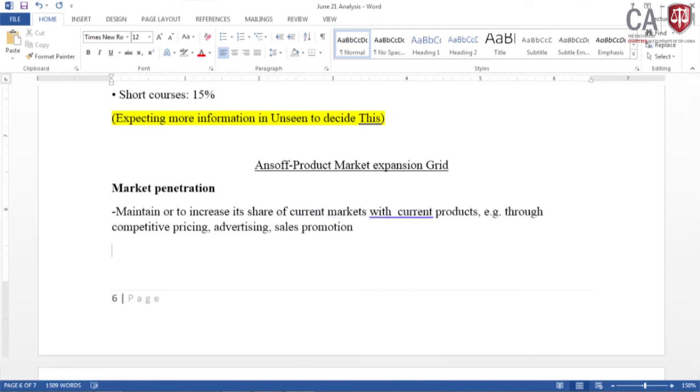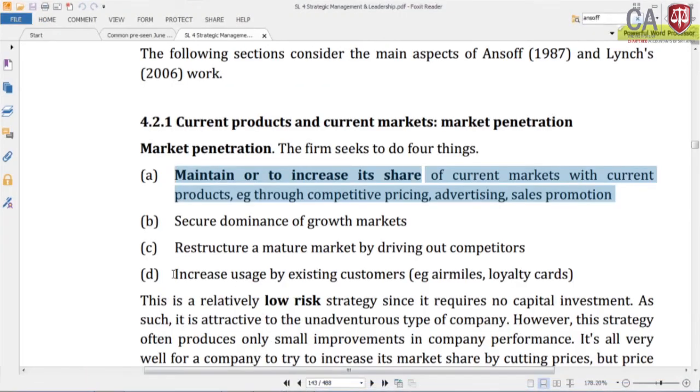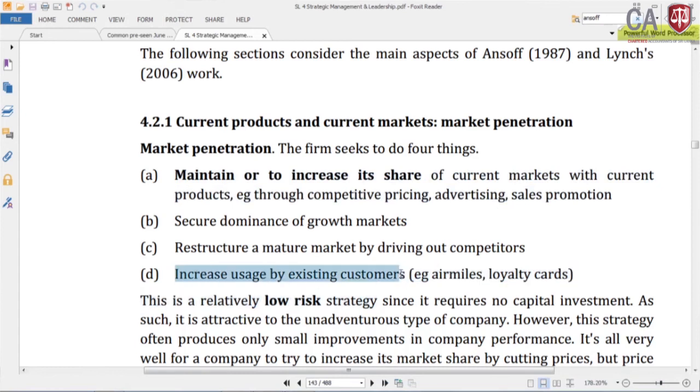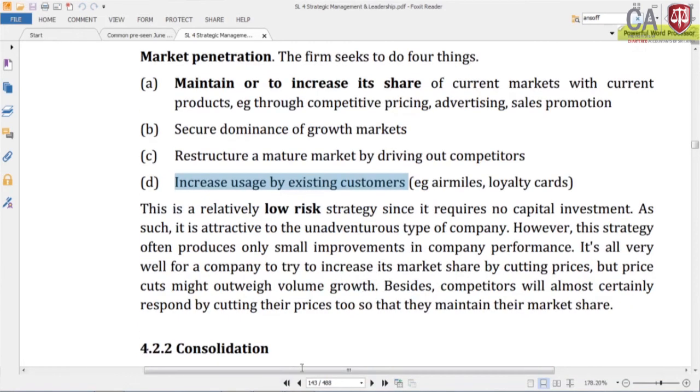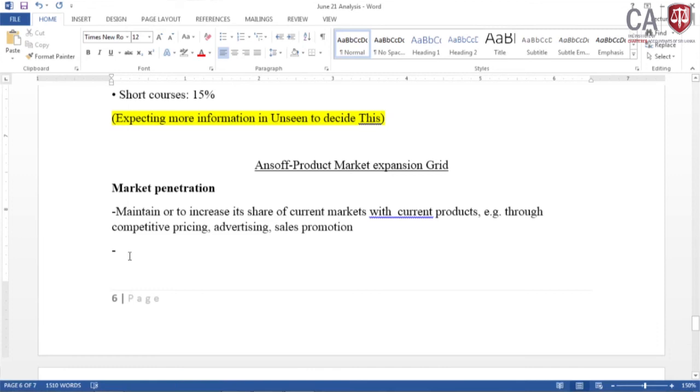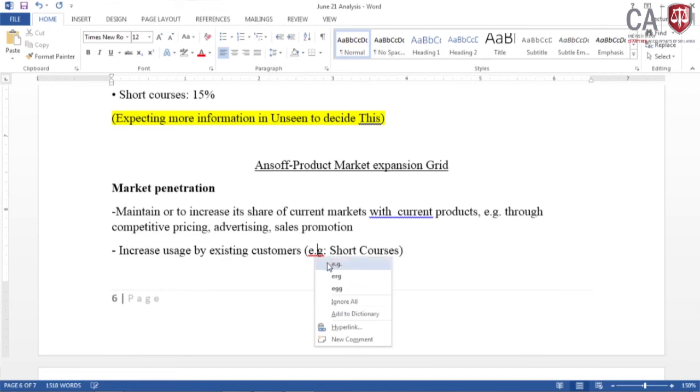Anything else they can apply? Increase usage by existing customers, what do you think? I think this can be done by themselves. Why? They have some short courses now. For example, they can sell some of the short courses to students, or students who come for the short courses can be given the opportunity to follow other courses.